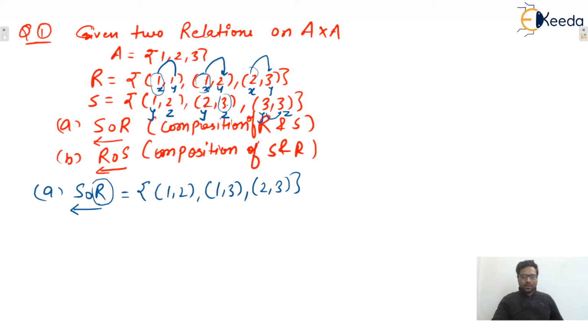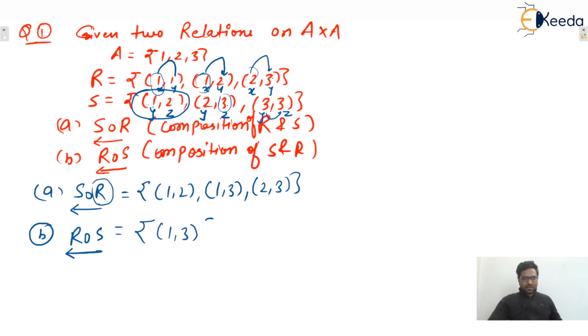Okay, moving to the next one. The second one is the composition of S and R. Here the XY pair we will see in relation S. In relation S there is 1 to 2, and 2 to 3 is there in relation R. So 1 to 3 will be the answer.